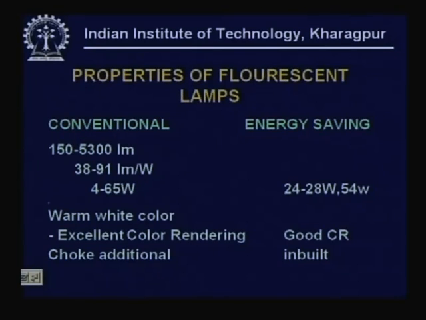If you consider a conventional fluorescent lamp which we have been using, the standard one of 40 watts, can be replaced conveniently using these energy saver units of around 24 to 28 watts. At the other end, for the higher power rating, we get 54 watts, and they are so designed that, remember, in fluorescence, though the radiation initially is a band radiation, by the process of fluorescence it is converted into a visible zone.